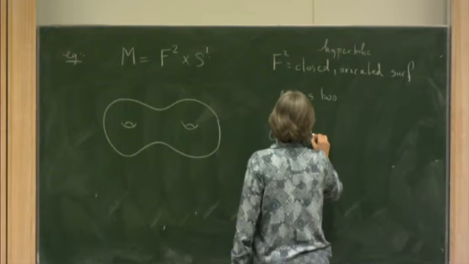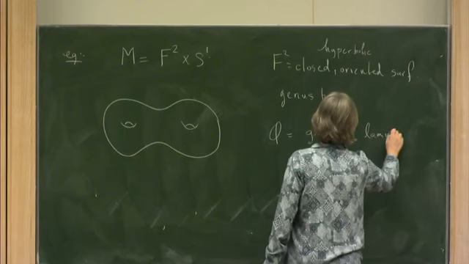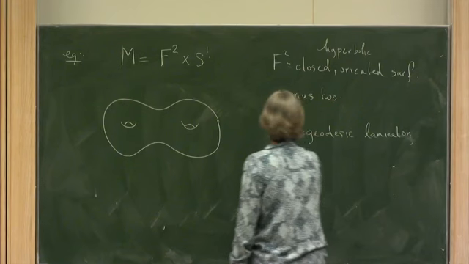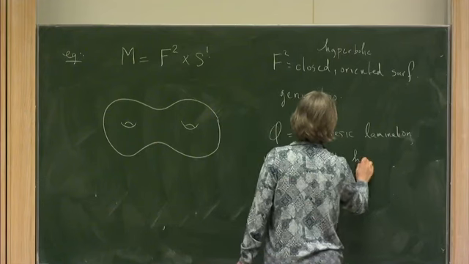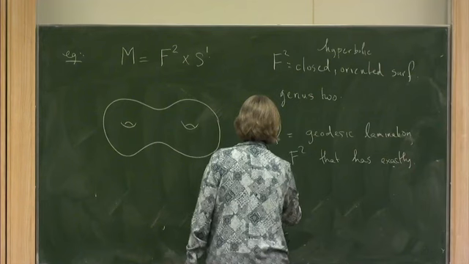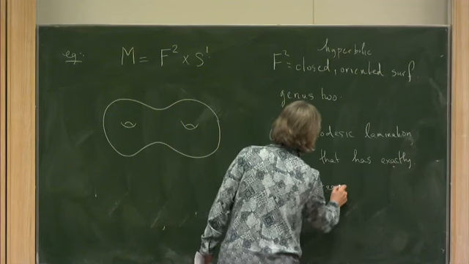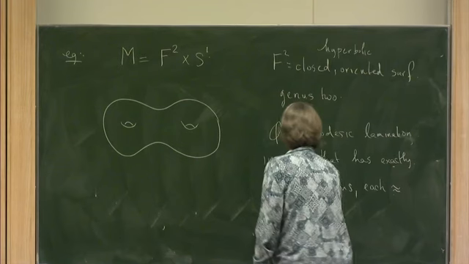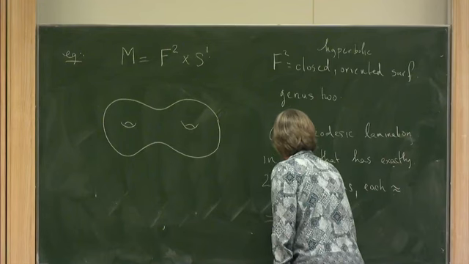So this is going to be a geodesic lamination in F2 that has exactly 2 complementary regions, each of which is homeomorphic to a full cusped disk.